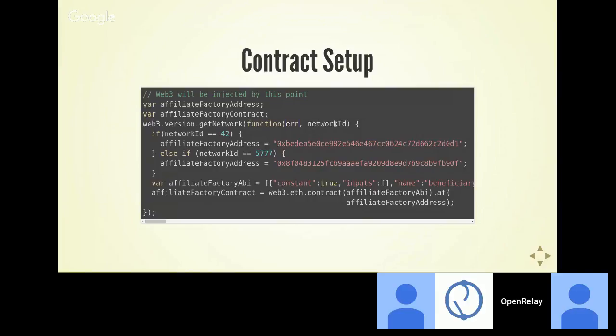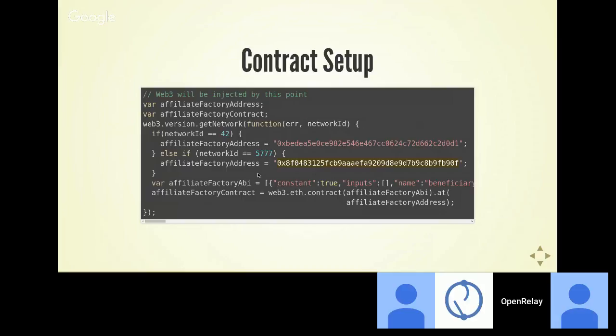Or it might return a network ID. If the network ID is 42, we're on Kovan, and this is our affiliate factory address. If the network ID is 5777, then we are pointed at a Ganache service, and if you've deployed those contracts the way I usually do it, this will be your affiliate factory contract address.